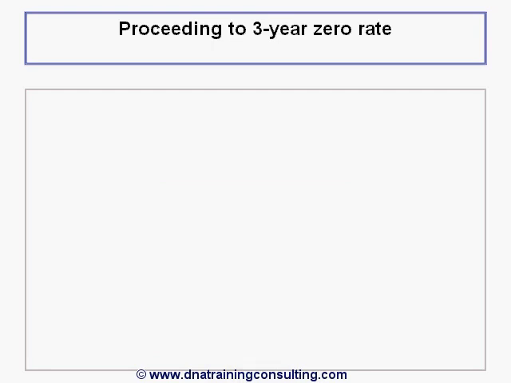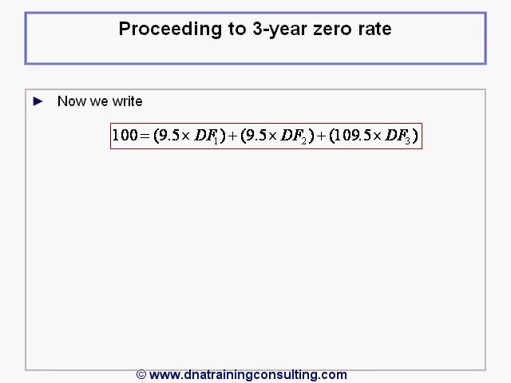Now, suppose you also need to derive the 3-year zero coupon rate and by extension the 3-year discount factor. Proceeding as before, you write the fundamental pricing equation for the 3-year note as price 100 equals, as always, each of the cash flows multiplied by its respective discount factor.